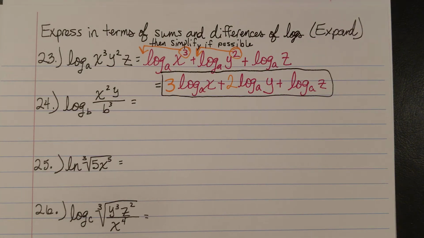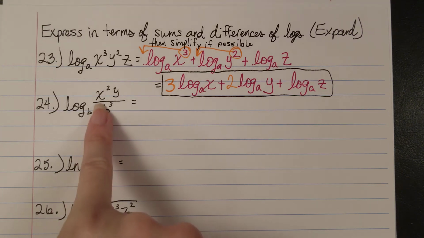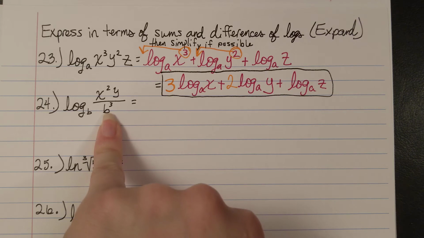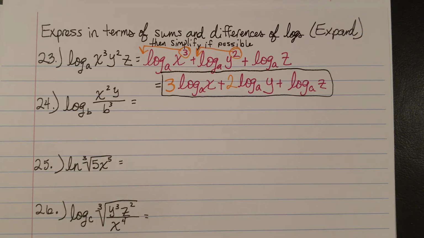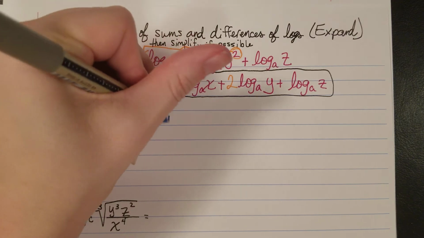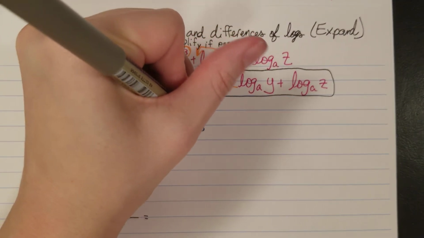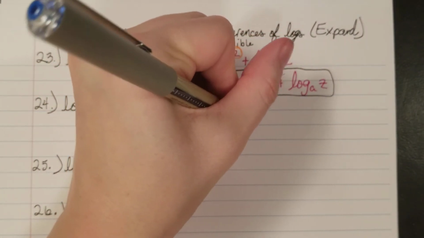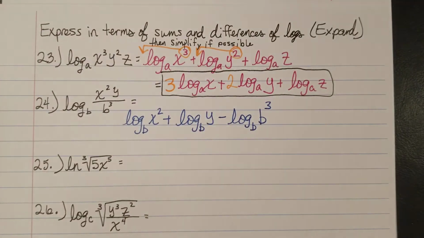All right, and number 24, we have a fraction. So we know there's going to be some subtraction. So the ones that are on top, they're multiplying together. So those logs are going to be positive, and then the log for the denominator is going to be negative. Okay, so we're going to have log base b of x squared plus log base b of y minus log base b of b cubed.